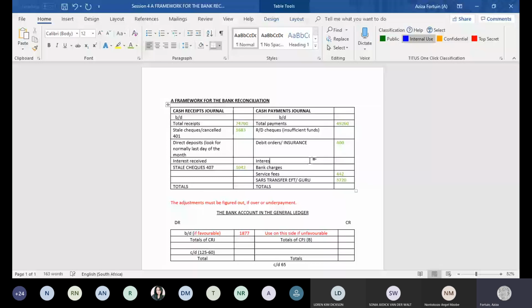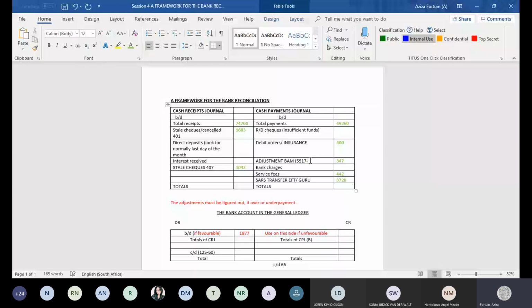Okay, and that was the 347, which I got from 5517 minus 5170. So that's how I got the adjustment. And that's it. So then I tally it up.